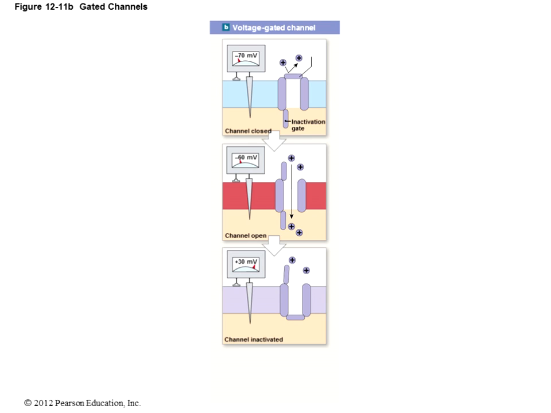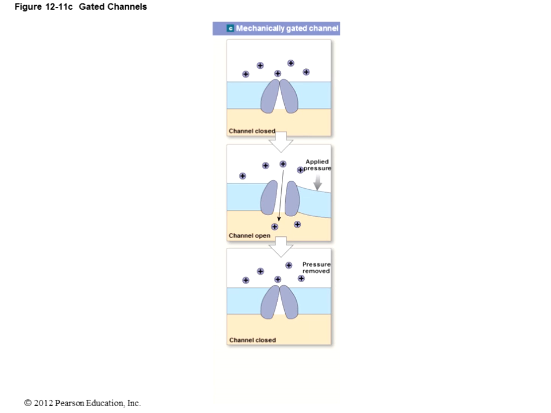Voltage gated channel, as I said, is going to change when voltage changes. So you have negative 70. Let's say upstream the voltage has changed now to negative 60. That opens the gate. Positive ions flow into the cell, and the impulse moves on. And then finally, the mechanically gated channel. The channel is closed at rest. That keeps all these positive ions out, establishing your negative 70.